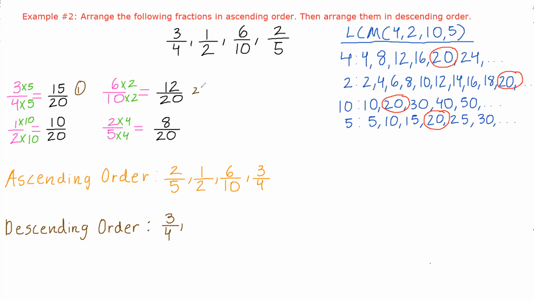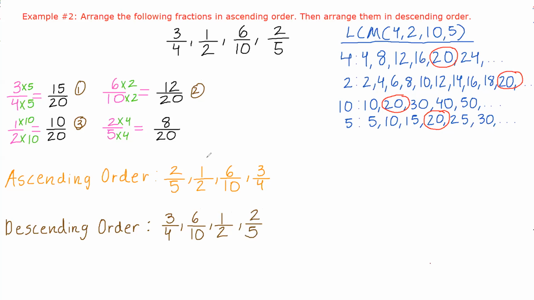That's the second one, 12 over 20. Good. And what's the third one? 1 over 2, which is a half. And then what's the fourth one? 2 over 5.